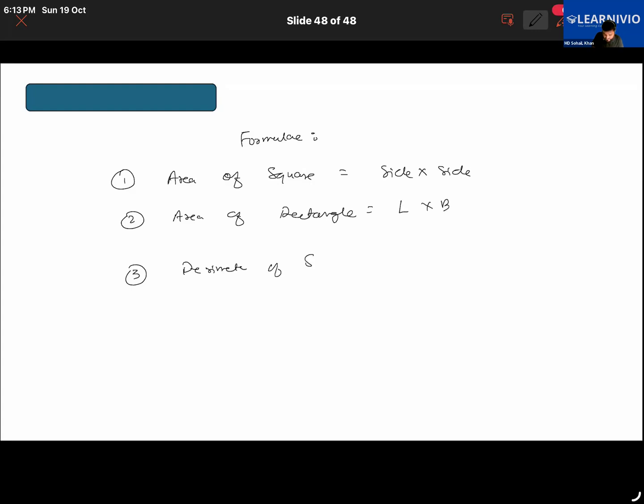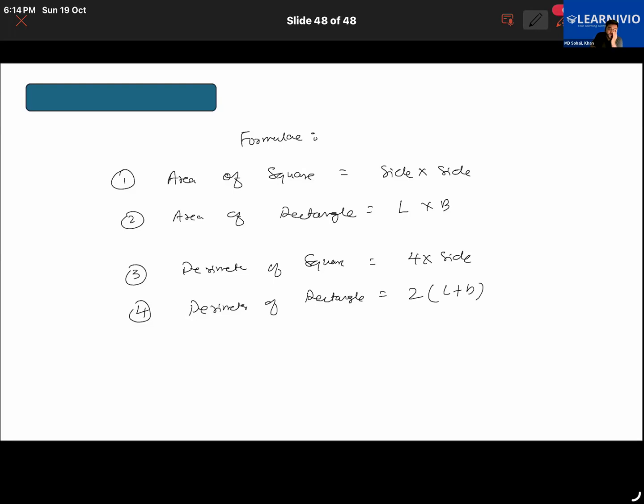And now the perimeter of a square. 4 into side basically, or length you can say. And for a rectangle, 2 into L plus B. Yeah, that's correct. 2 into L plus B. Good.